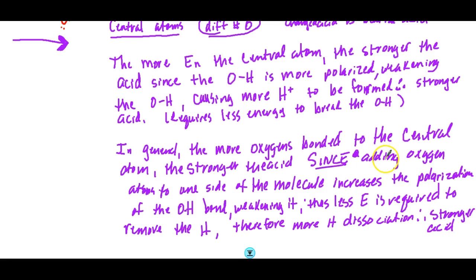Since adding oxygen atoms to one side of the molecule, I need to say this, since, or that could be because or whatever. As oxygen atoms are added, but that means like the more you have, the more it happens.